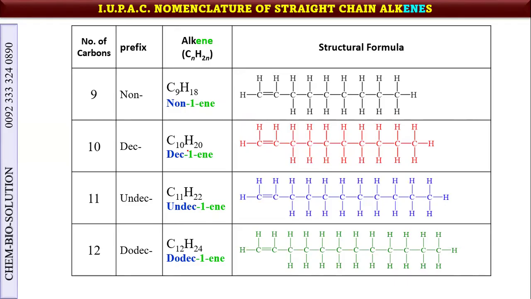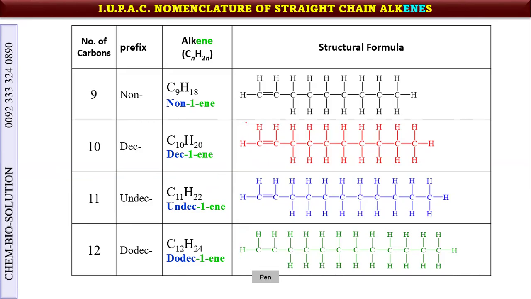And similarly, nonene, decene, undecene, dodecene. Undec is 11 carbon, dodec is 12 carbon. Although this is not part of your A-level syllabus, it is part of the intermediate syllabus.